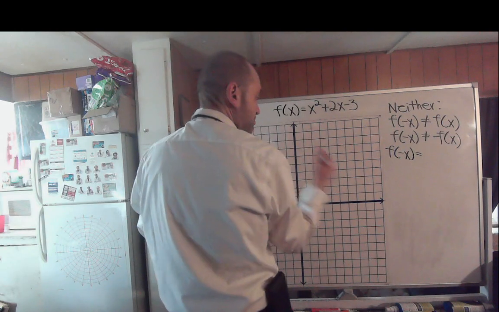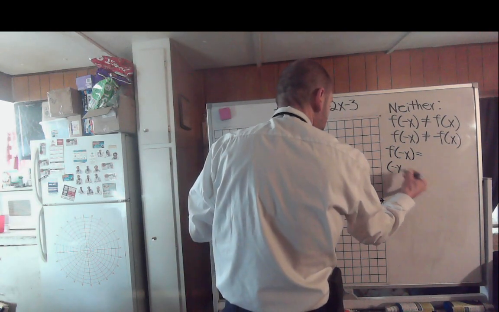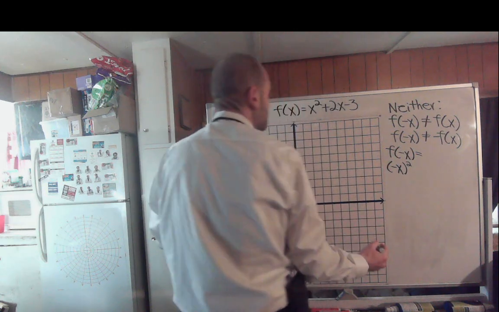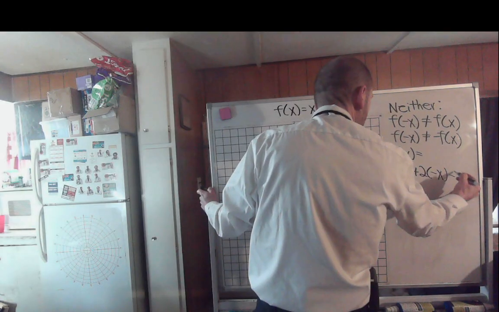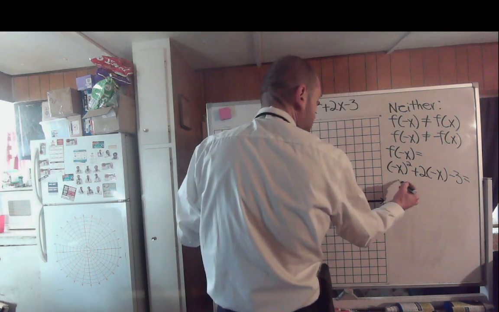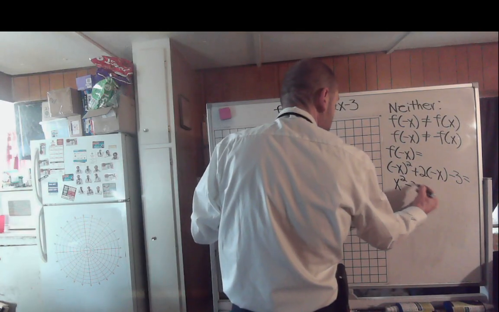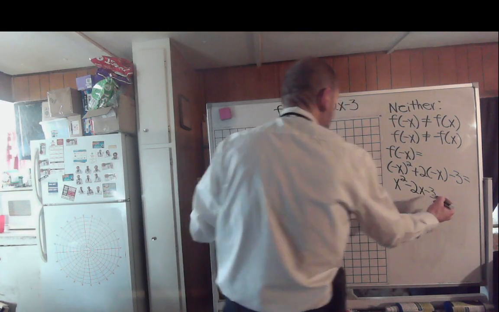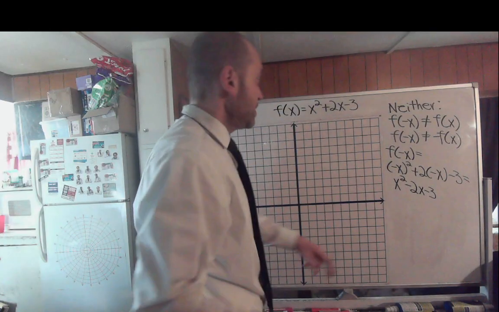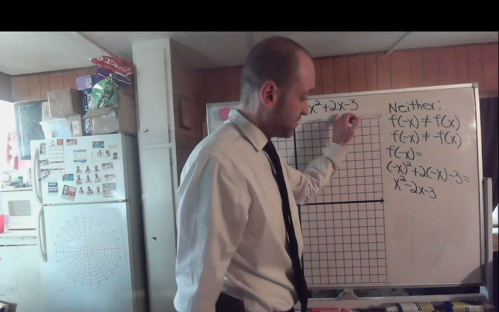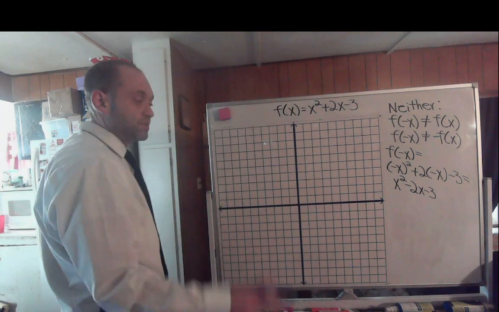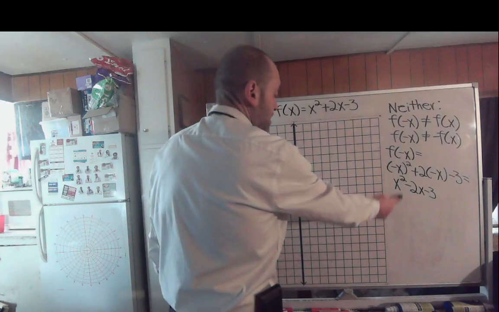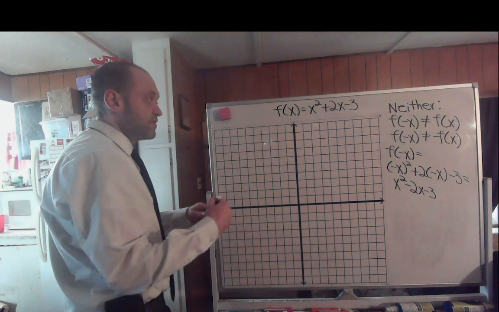That's going to end up being, of course, my negative x to the second plus 2 times my negative x, then minus that 3. I'll end up with x squared minus 2x minus 3. The only thing that changed is that positive 2x became a negative 2x, but everything else stayed the same, so it's neither even nor odd.